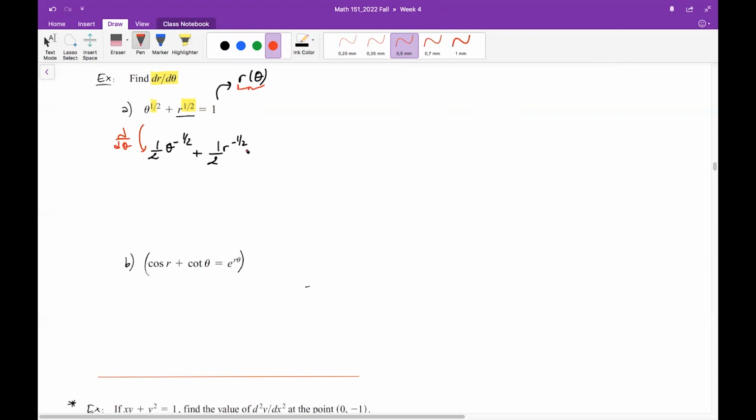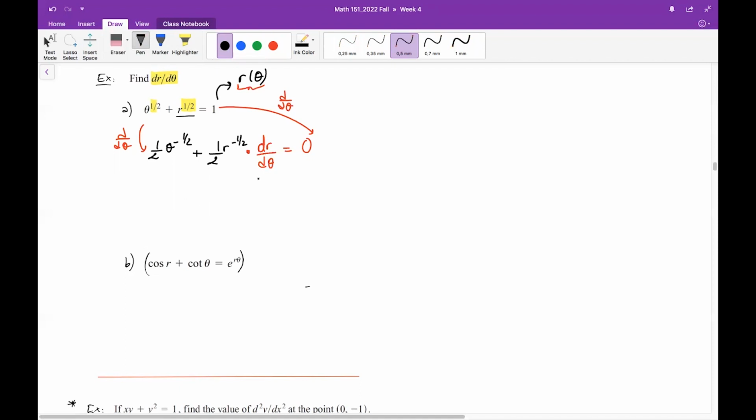That's why, according to chain rule, you keep multiplying with the derivative of this inside function. So I will multiply with the dr over d theta here. Then on the right-hand side, what is the derivative of this constant with respect to theta? It is obviously 0.